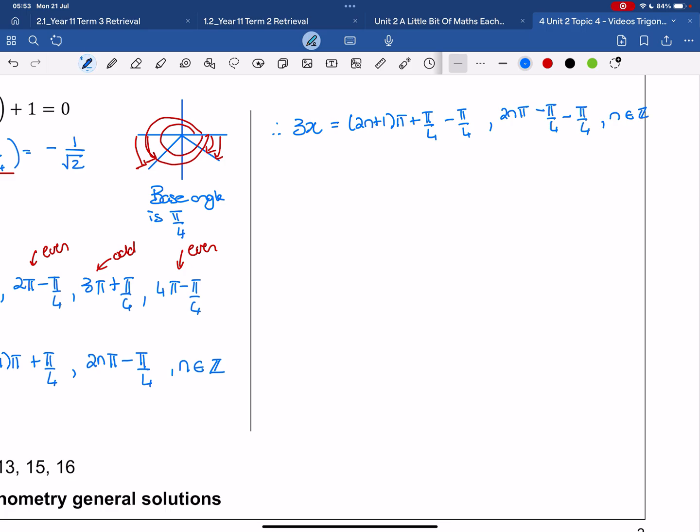Okay, before I divide, I'm just going to tidy that up. So 3x is 2n plus 1 pi, plus pi on 4 minus pi on 4 cancel each other out, and 2n pi and minus 2 pi on 4 becomes pi on 2, where n is an integer.